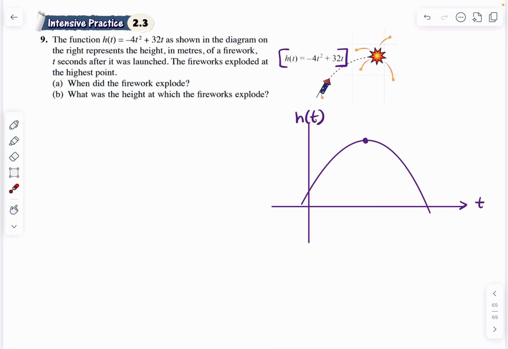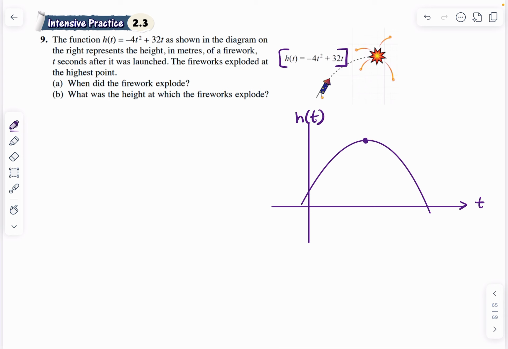So if you want to find the time where the fireworks exploded, you must find the x value here, or in other words, the t value, the time lah. If we want to find what is the height, we must find the y value. So if we just find the coordinates of this vertex, we will get the answer already. Okay, let's find the vertex.